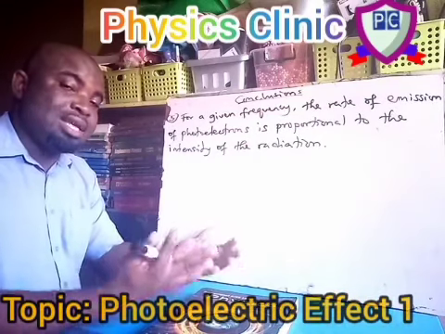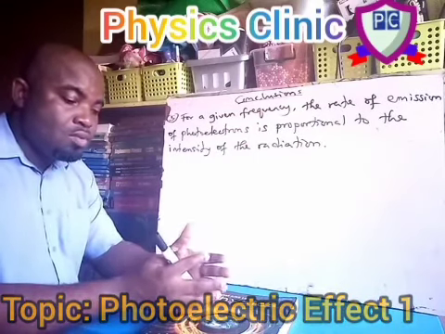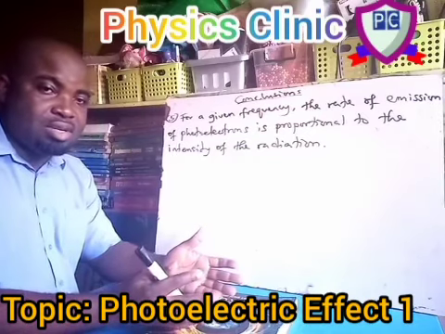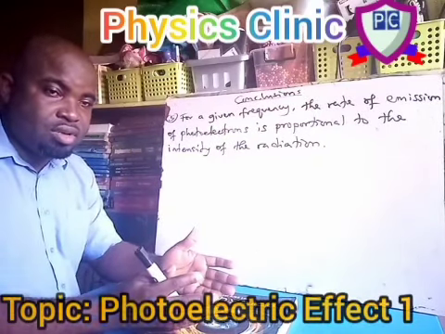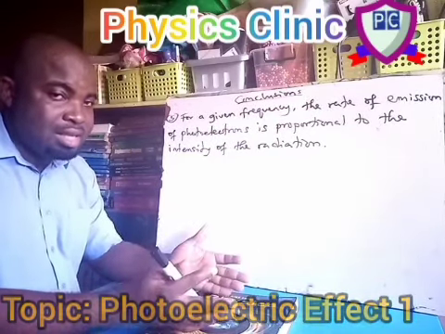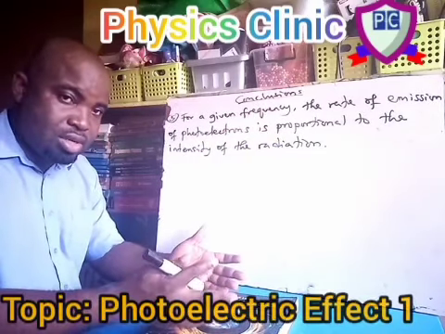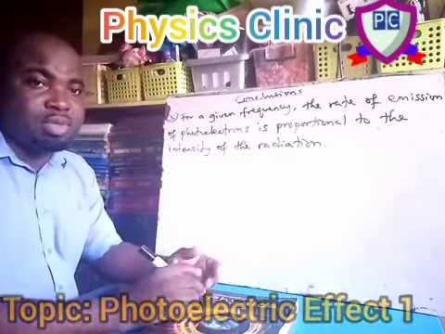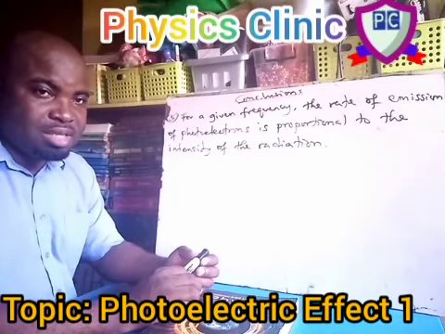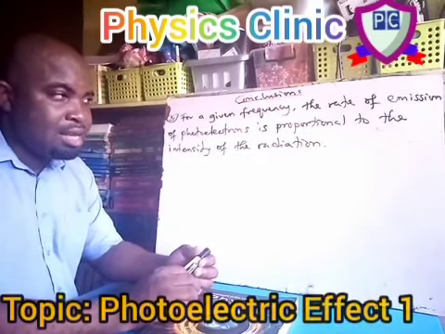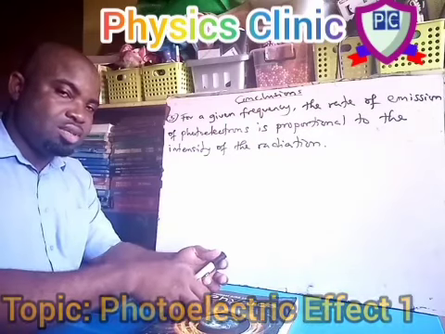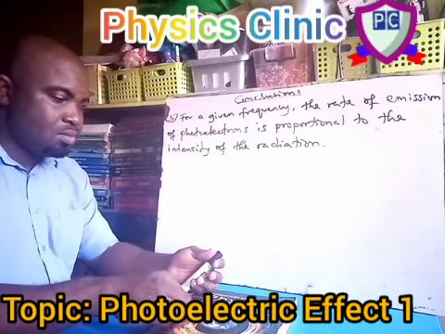Now, if we want more electrons to be ejected per second, we increase the what? The intensity of the incident ray. Once the intensity or brightness of the incident radiation is increased, more electrons will be seen to leave the surface per second. So intensity determines the number of electrons leaving the surface per second.